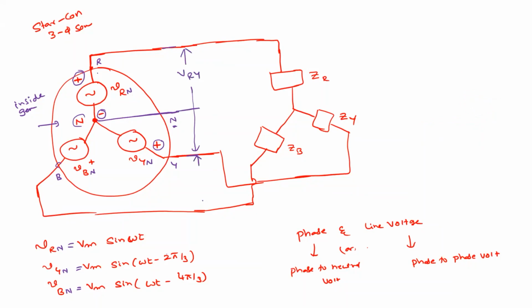Similarly, we have VYB, which is another line voltage. And from here to here, VBR. So RY, YB, BR, just to have symmetry: R to Y voltage, Y to B voltage, and B to R voltage.